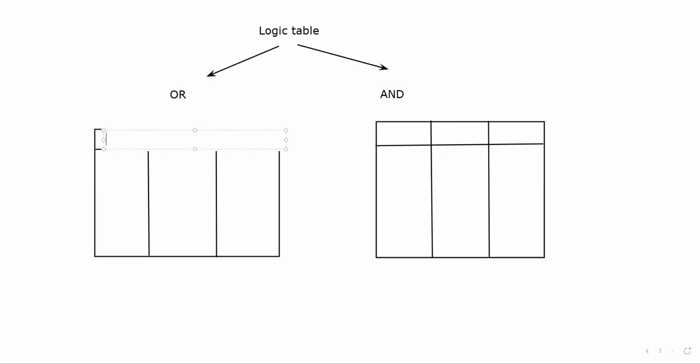Input means where the electricity can come into the circuit. That's called input. And output means the place where the electricity can go out from the circuit.